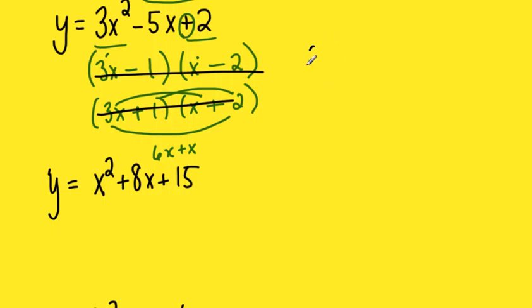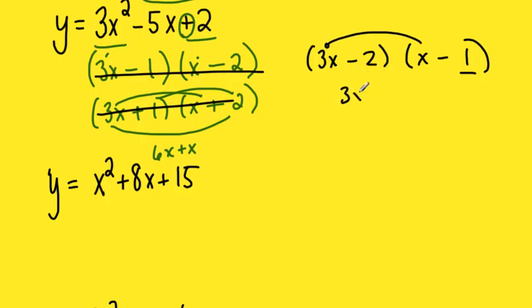So what does that mean? Well, think about the other combination that you can have here. If I do 3x and x, and I need a 2, I could change the order of which I put these in. So I could put the 2 here and the 1 here. Now what that does is it changes what I multiply here by that 3. So again, if this is positive and this one's minus, then they both have to be minus. Or you can logically work that out in your head. 3x times x is 3x squared, and the negative 2 times negative 1 is 2.